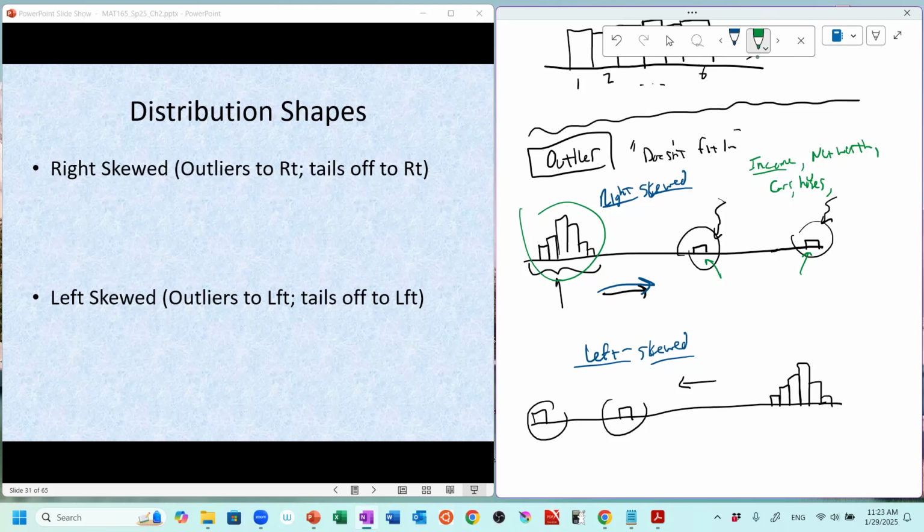So often in economic data, if they're looking at income or net worth, something like that, or even maybe housing prices in an area, we might choose to represent the kind of typical or the measure of center, the typical data point, using maybe a median instead of an average. We'll see a little more on that in chapter 3, but when we know that there's some skewedness involved, we might want to be careful about what measure of center we represent.